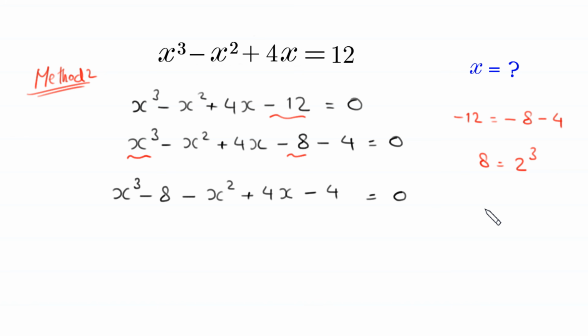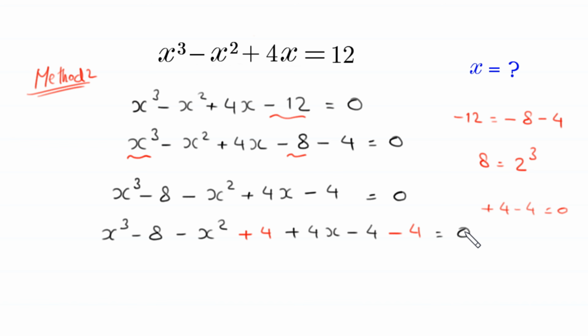Now we add and subtract 4 in the form of 0 in this expression, like this: x cubed minus 8 minus x squared, and we add 4 in this expression, plus this 4x minus 4, and we subtract 4 in this expression, is equal to 0.